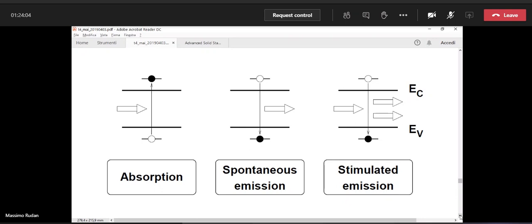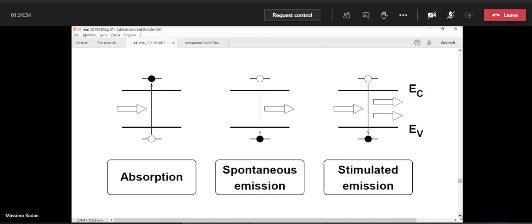So materials in which the majority of the electrons are initially in the valence band, so the number of absorptions is dominant. And if one electron makes a transition to the conduction band, then it becomes free to move in the material.